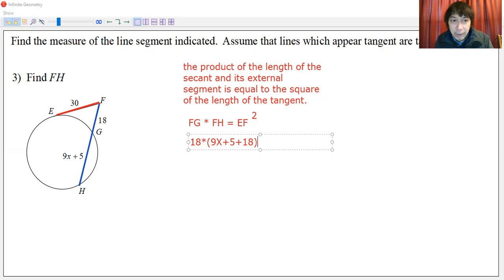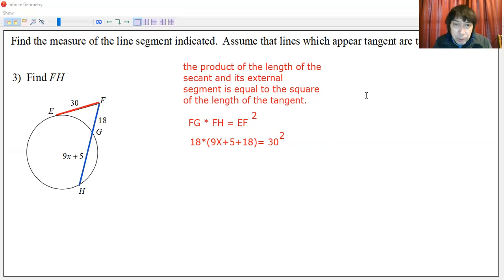That's the entire length, and this is equal to the square of EF. That means 30 squared. Here's our working equation with the x. And so we will have to solve for x first, and afterwards we can use it in the FH.